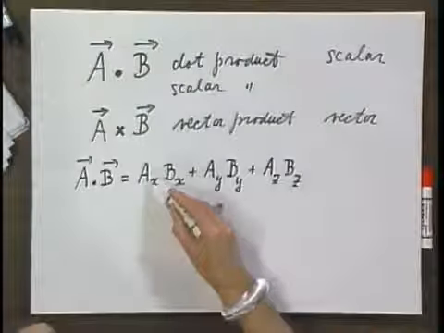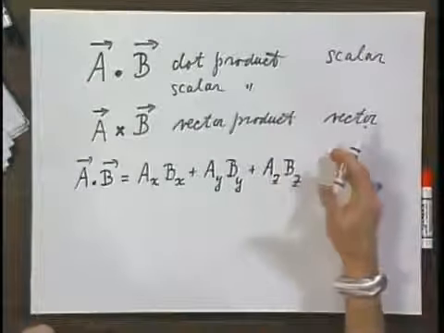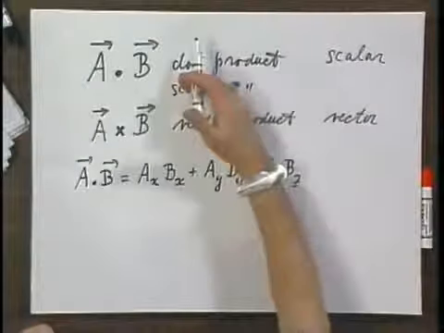Some of them may be positive, some of them may be negative. So out of this comes one number, characteristic for a scalar.